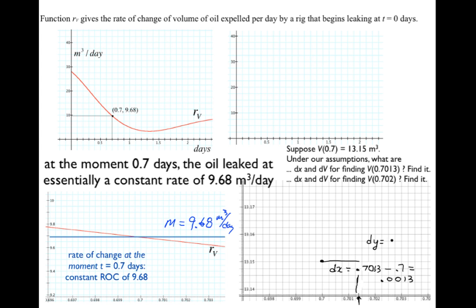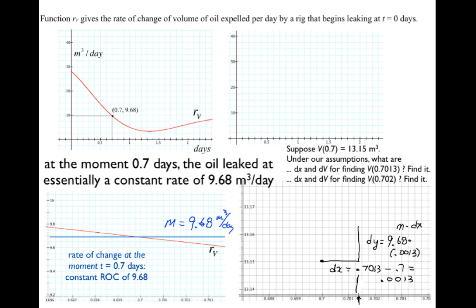And we know that because we are at a constant rate of change, it's going to be 9.68 times dx, or 9.68 times 0.0013. And how much did we get for that dy? 0.01 what? 26? So something like that.